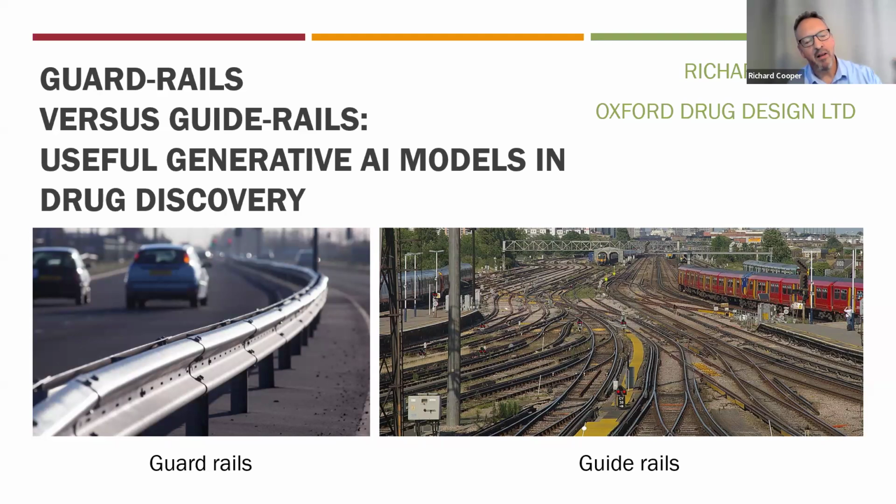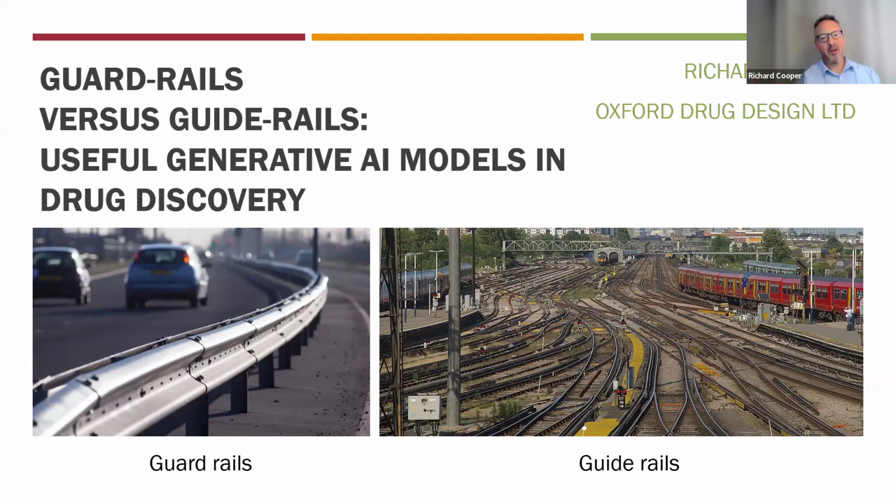In case it's not clear, I wanted to put your minds at rest and explain what I mean by guardrails versus guide rails, a very subtle difference in sound. The idea is sometimes an AI model is producing lots of output and we need guardrails to prevent it kind of crashing into the sides.